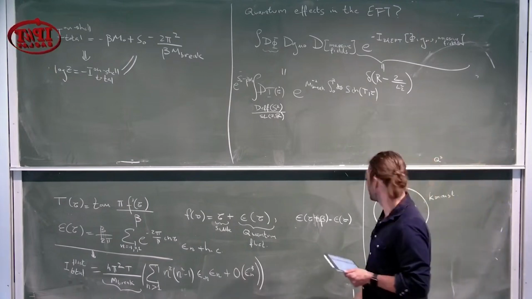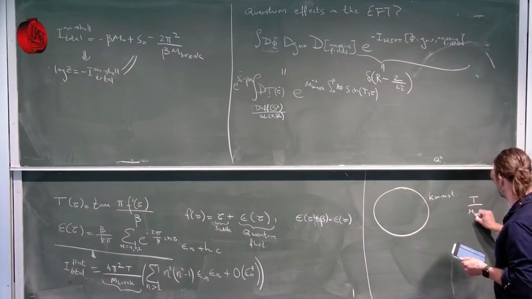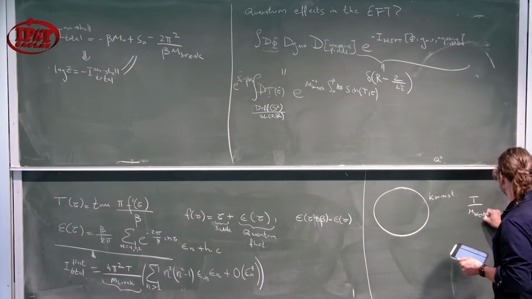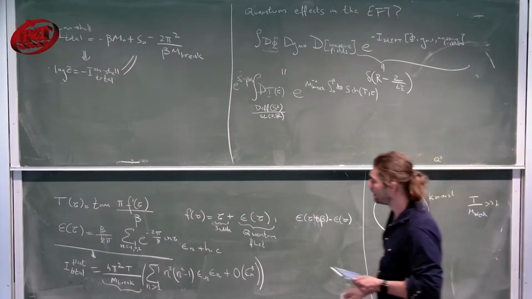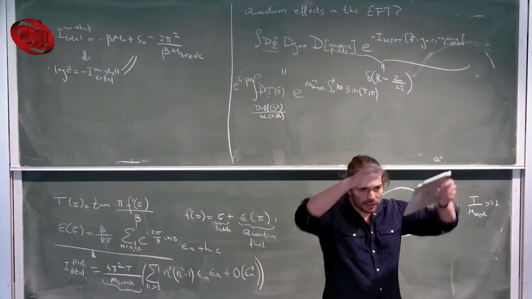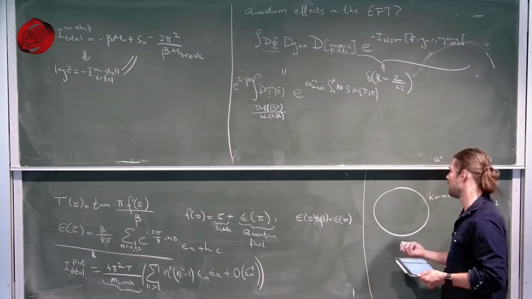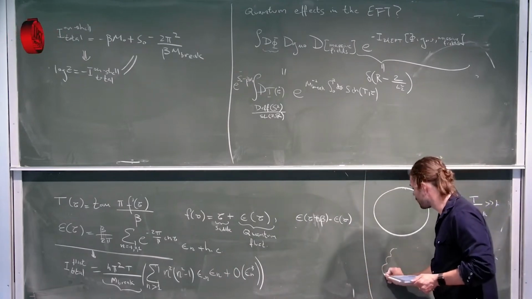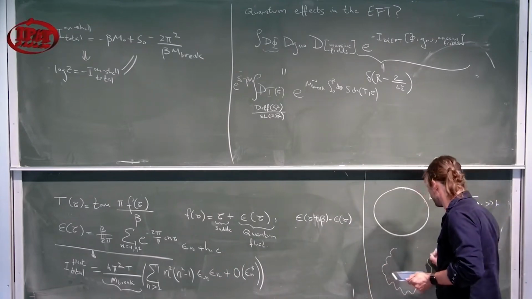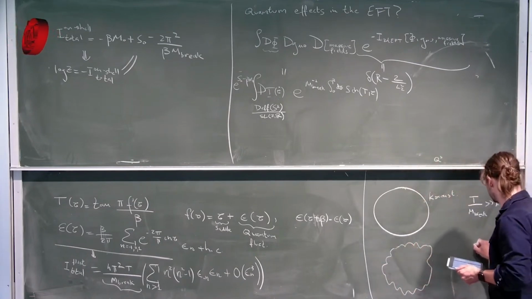But once I go to smaller temperatures, these modes epsilon n and epsilon minus n are no longer peaked around 0. They have a very wide spread, which means that configurations that have the boundary very wiggly all contribute about the same amount.